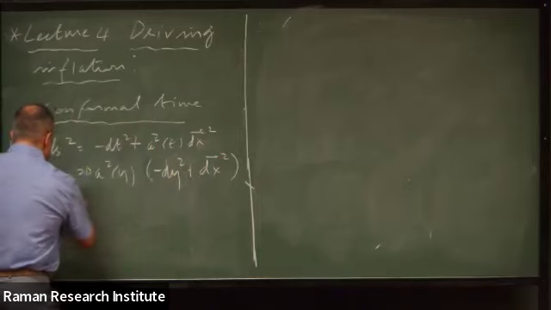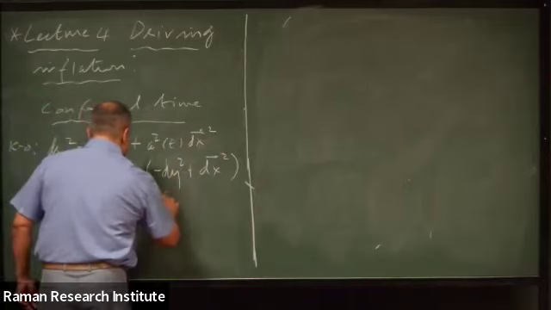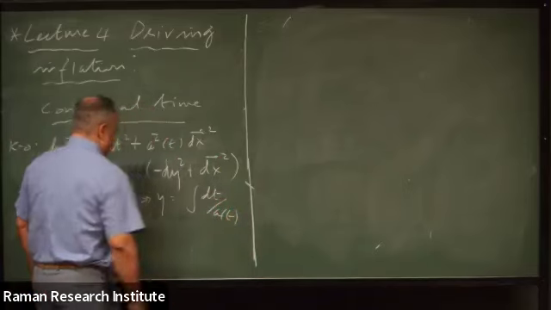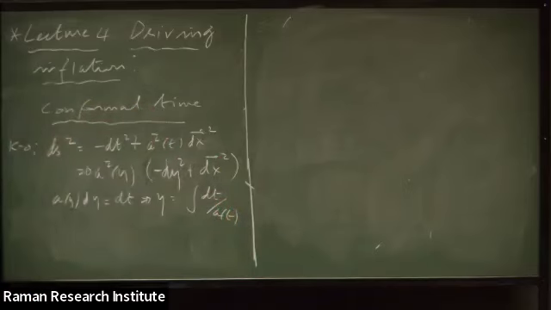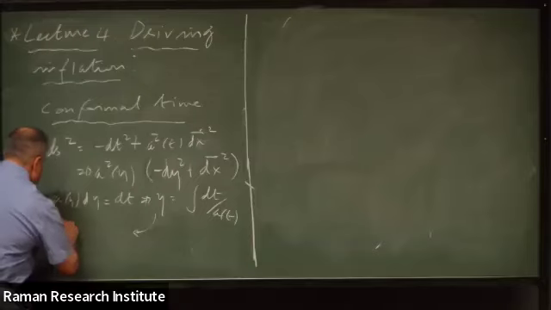So evidently, a of eta d eta is dt, or you can write this as eta equal to the integral of dt by a of t. Okay? And this, for obvious reasons, is called the conformal time coordinate.